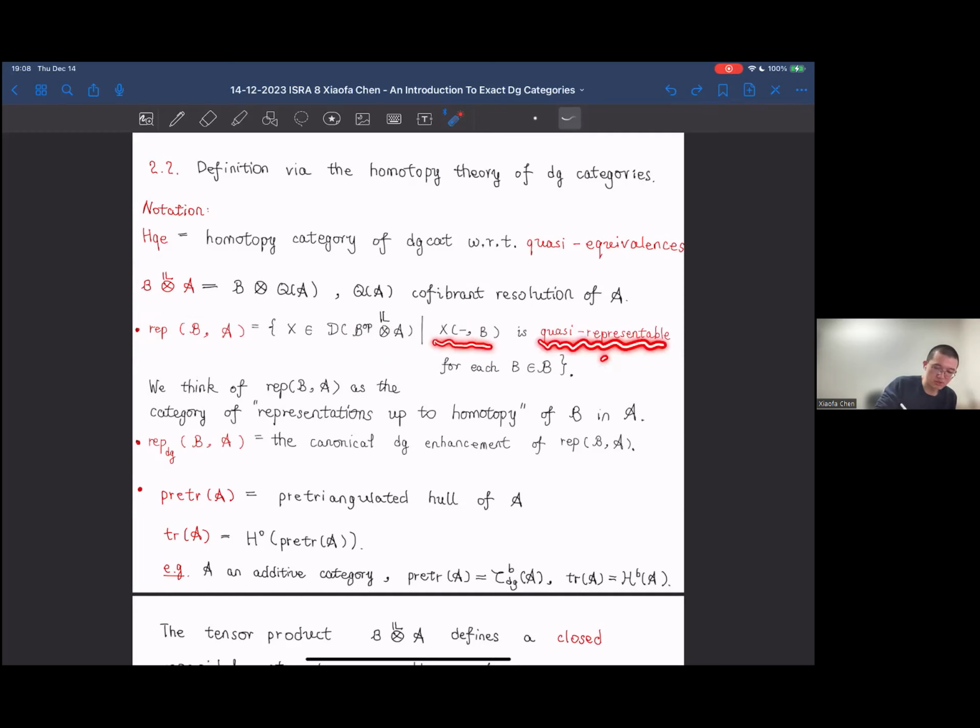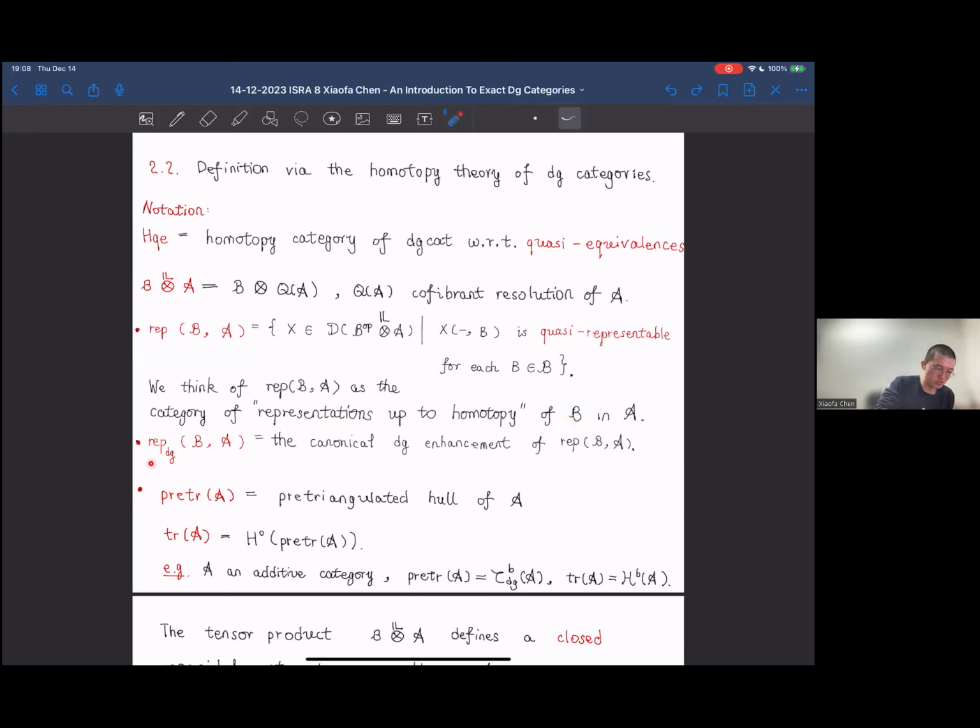So it's quasi-isomorphic to a representable DG A module. And we can think of this category as the category of representations up to homotopy from B to A.